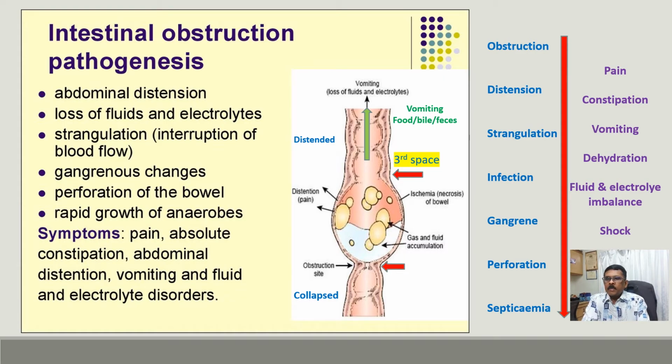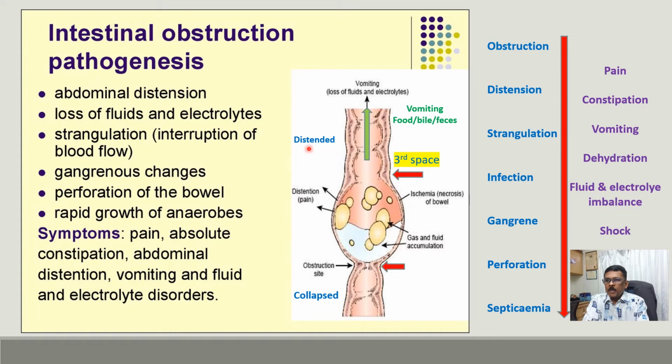This slide shows you the segment here. This is the proximal segment, and this is the distal segment, and this red arrow shows you the site of obstruction. So what happens? The distal segment collapses.